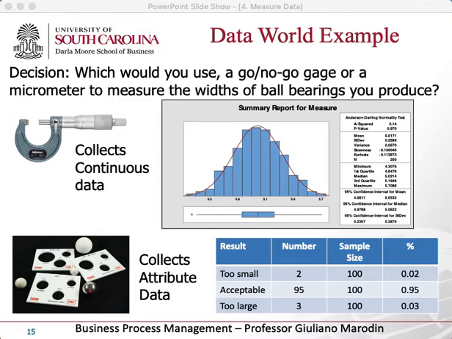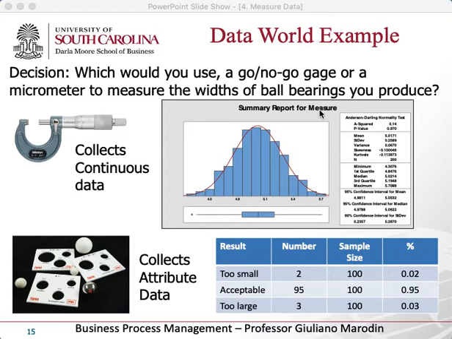So you're only having a classification, right? And that's an attribute. The only thing I can do here is basically divide them into good and bad and have a percentage. Oh, I know that 95% are acceptable, 2% are too small, and 3% are too large, right?